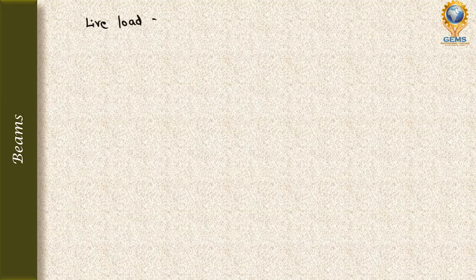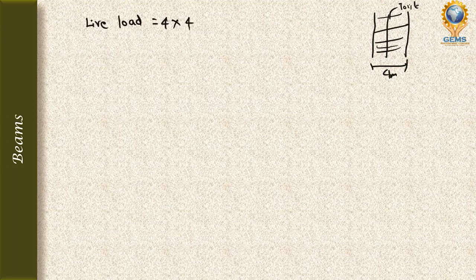The live load acts over the overall 4 meter span of the joist. So 4 into the live load, 4 kilonewton per meter square, which is given in the question. It comes to 16 kilonewton per meter.